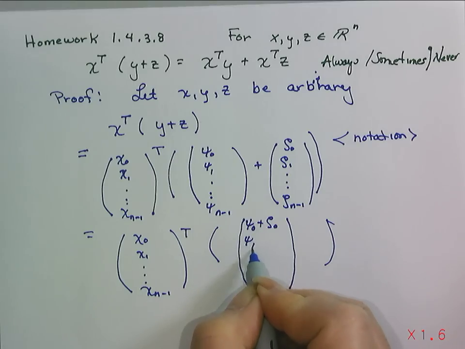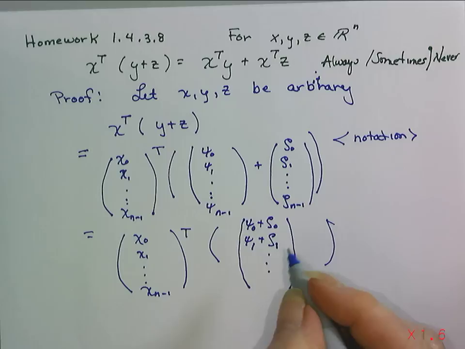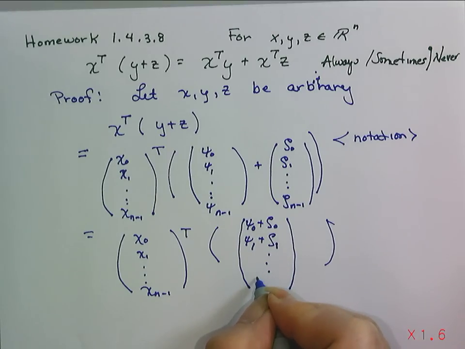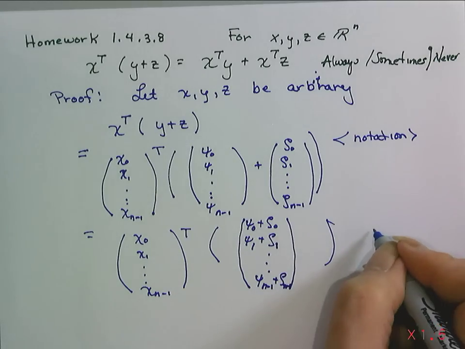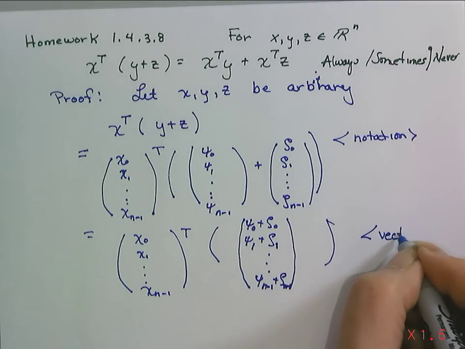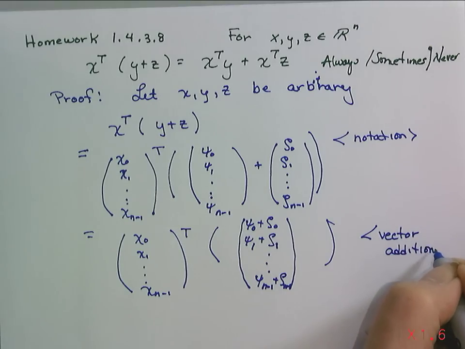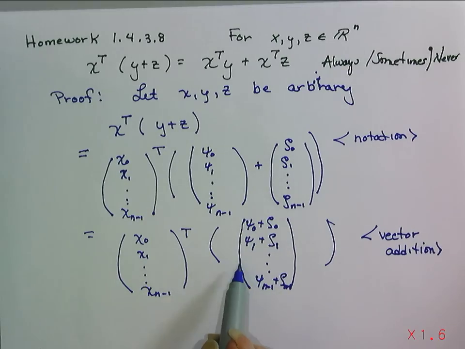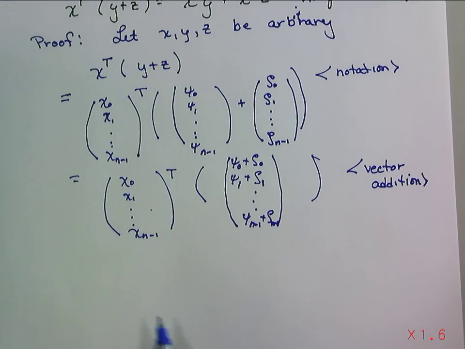Next component will be psi sub 1 plus zeta sub 1. And its last component will be psi sub n minus 1 plus zeta sub n minus 1. This is by just vector addition. So now we have two vectors of size n that we're going to take the dot product of.